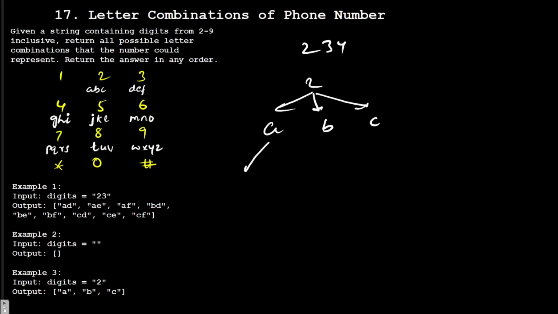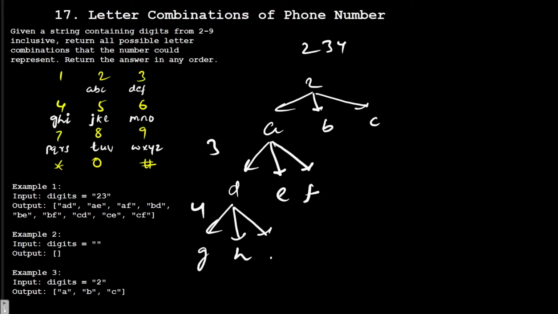Then using 3 after that, 3 can represent d, e, f, and if we use 4 again, then 4 can represent g, h, i.